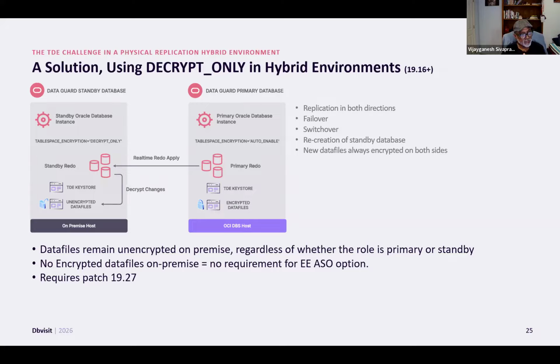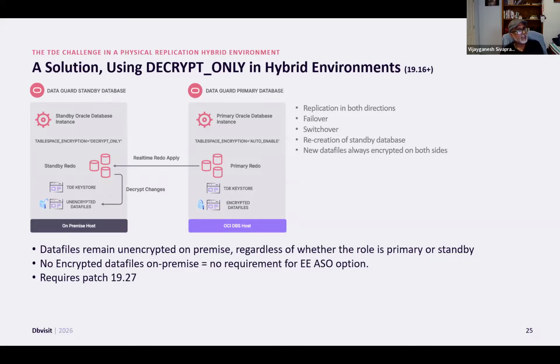But what we recommend is a patch of 19.27. The reason we recommend this particular patch is that a few bugs are eliminated from this version onwards. Otherwise, you have to apply one-off patches. So we recommend 19.27 to ensure you don't have to apply any further patches for this environment to work without any issues for your failover, switchover, recreating a standby database, and all those things.